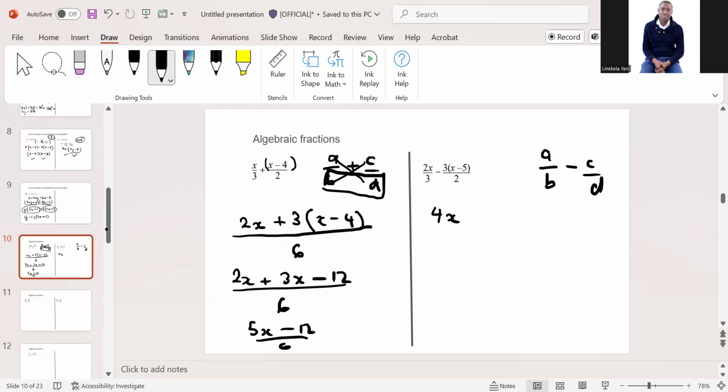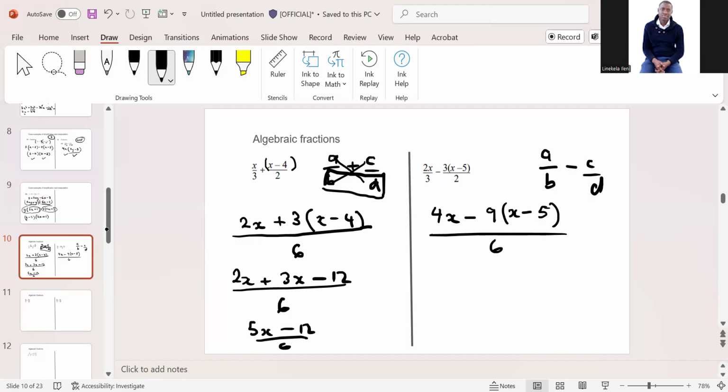So 3 times 3, and that will affect the brackets as well. So 3 times the numerator now, that would be 9 on the outside. The brackets will be affected by that as well. And then 3 times 2, which will give us 6 again.